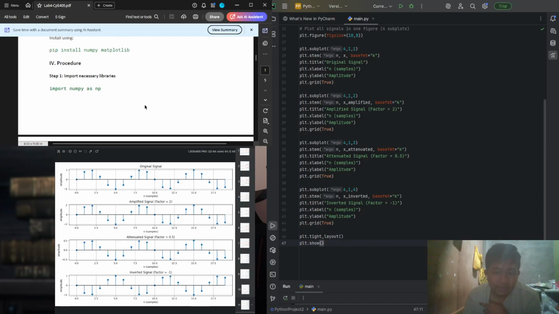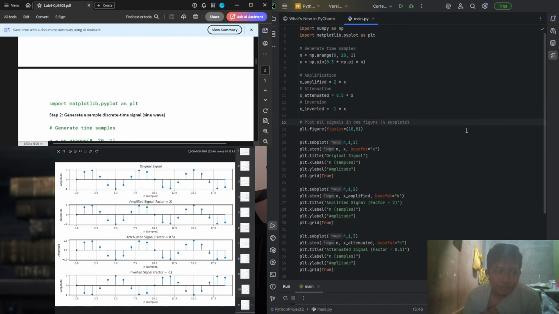So I will explain the code. In this code, the sample starts from 0 and we take a 20 data point sample, so 0 to 19, with a step of 1.